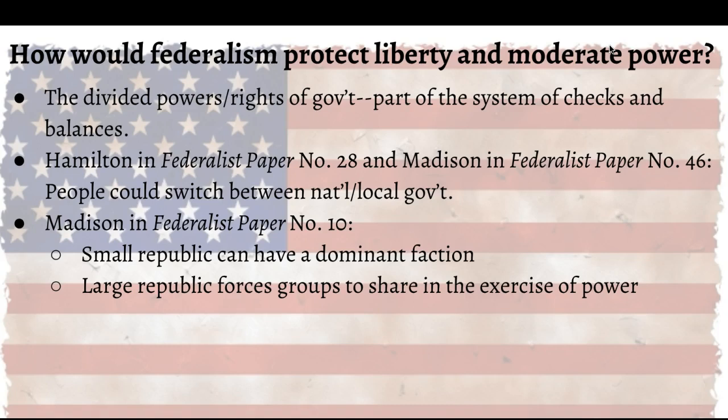So it would be less probable for a variety of groups to infringe upon the rights of the citizens. And if we go back to Federalist Paper number 28 and number 46, they liken this idea of the national and the state government to parents, right?